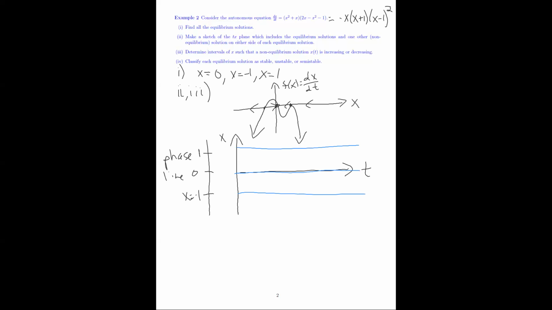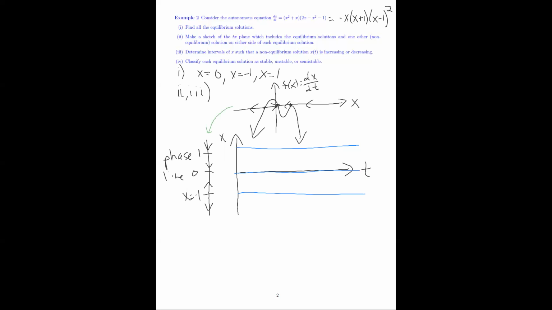And recall, if we rotate that phase line to this vertical phase line here, then those arrows tell us what our x should be doing on these regions. So I'm going to input those arrows now as well, and they should rotate into those directions.